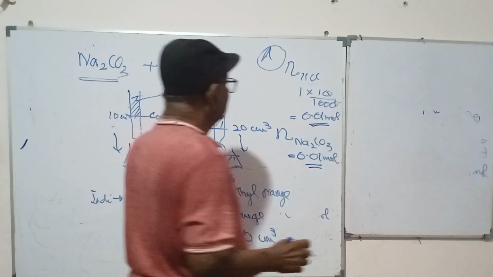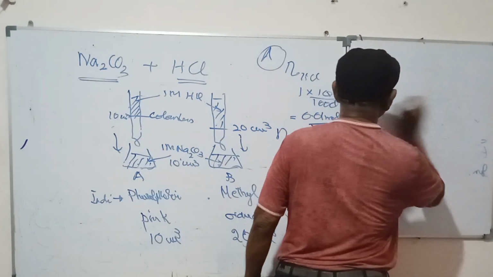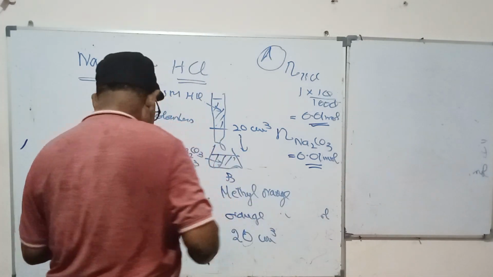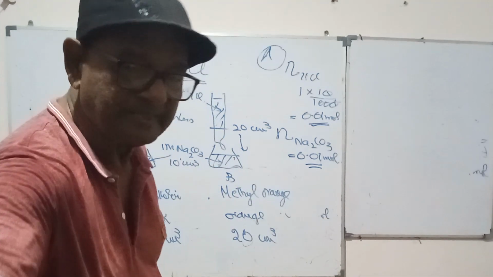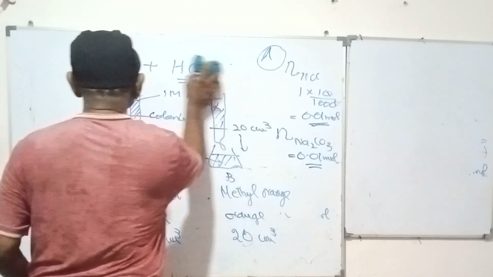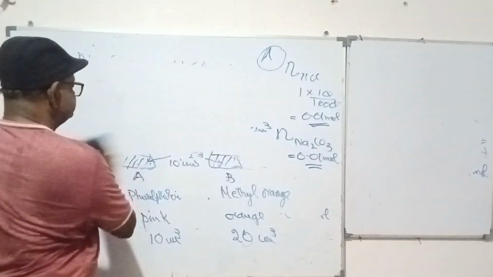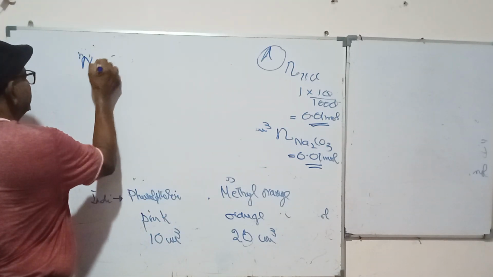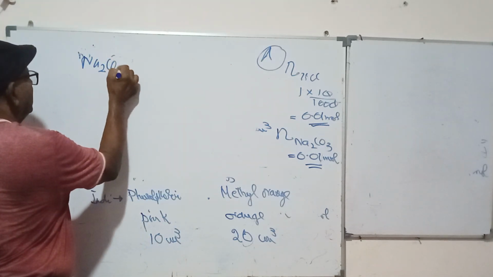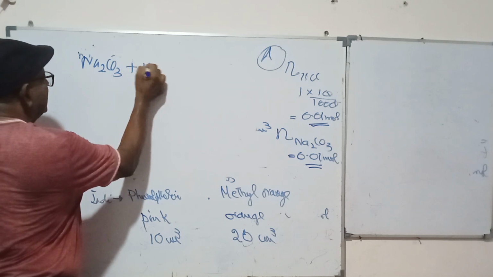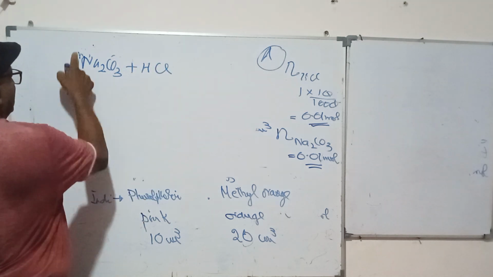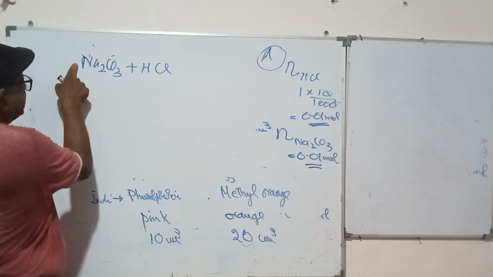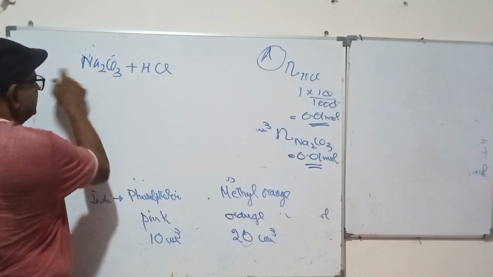Then we can write the equation. How does the reaction occur in 1:1 ratio? Sodium carbonate plus HCl, 1:1 ratio. We are unable to change the number of moles here and here.